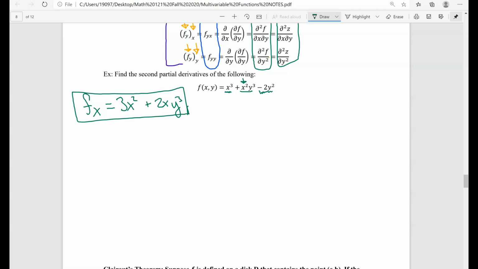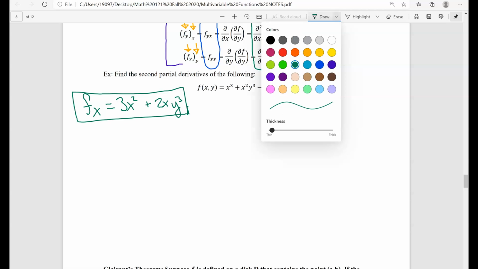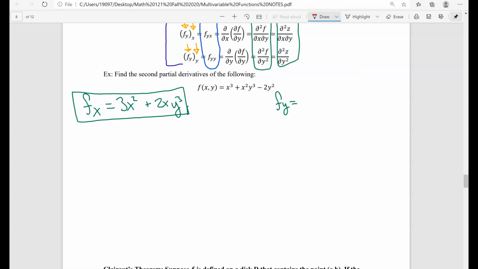So this is my final answer for my first derivative with respect to x. Now let's find the first derivative with respect to y. I'm going to do this over, now taking the derivative with respect to y. With respect to y, the first term clearly goes away, 0, because it's a constant.